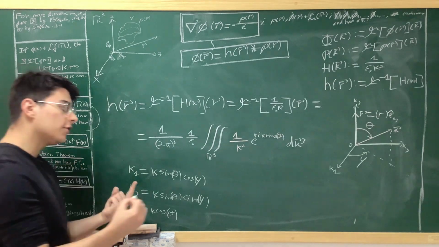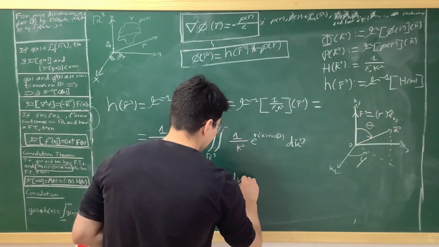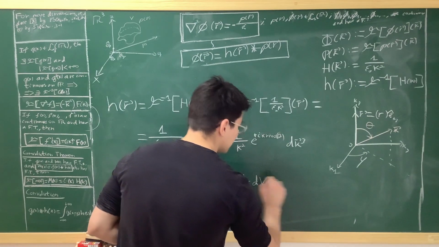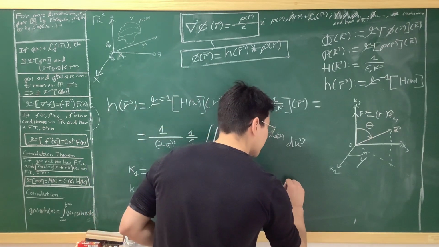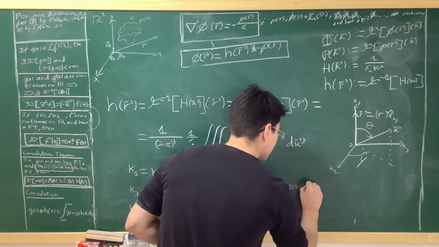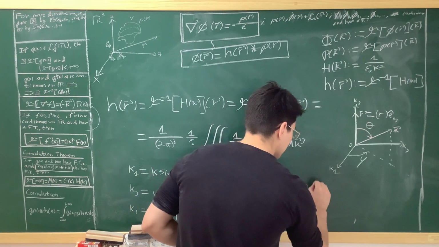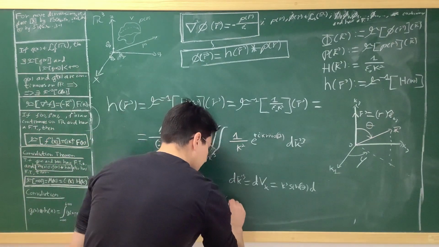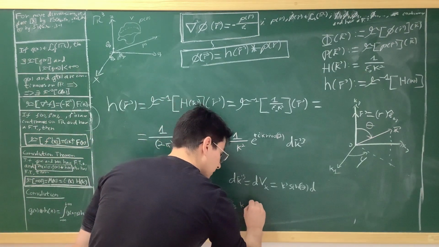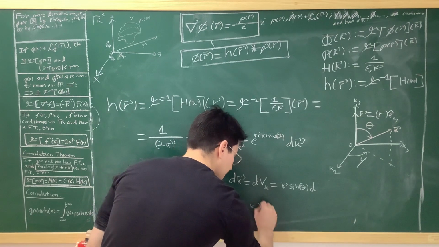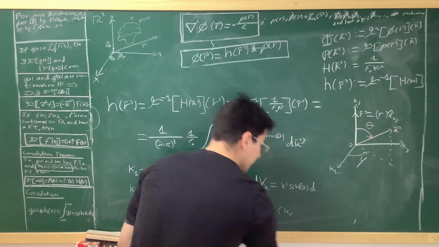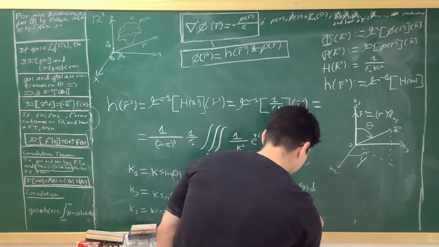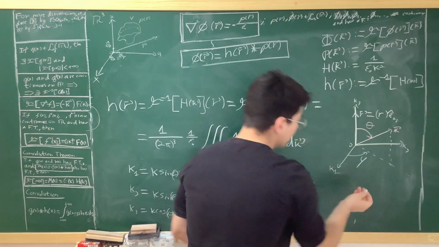And our differential volume dk3, which can be written as the volume in k-space, is just k squared times the sine of theta. In spherical coordinates, instead of k1, k2, and k3, we actually have k, the modulus of the vector, theta, this angle, and phi, this other angle.